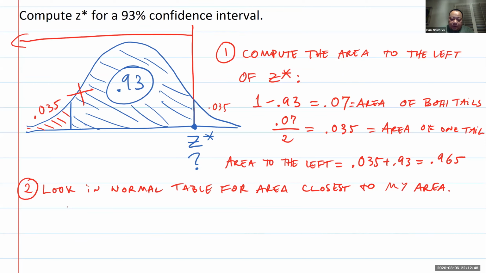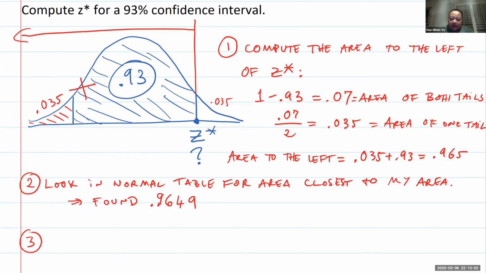So in my notes, I'll write down that I found 0.9649, which is the area closest to my area. So step 3 is based on that, I'm gonna read off Z star from the table.